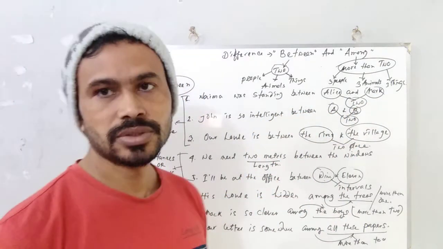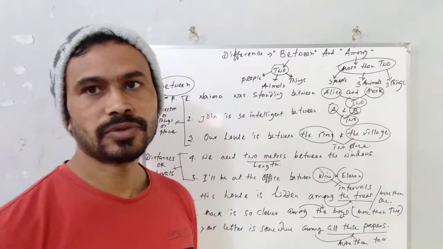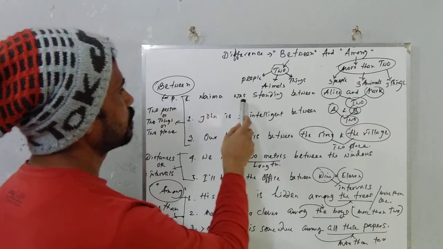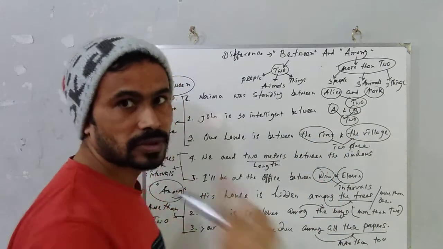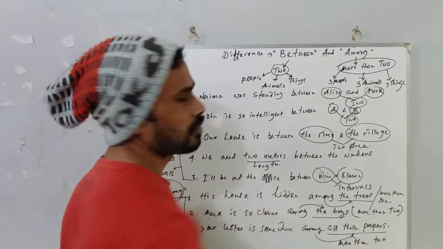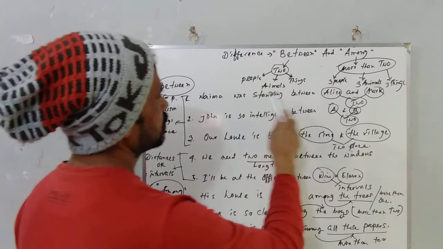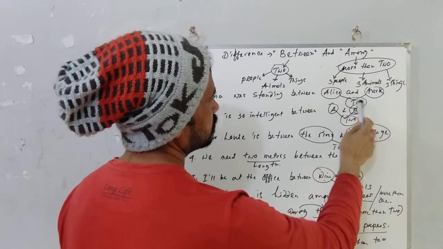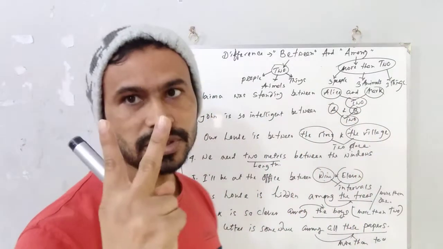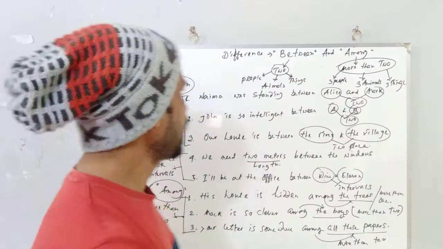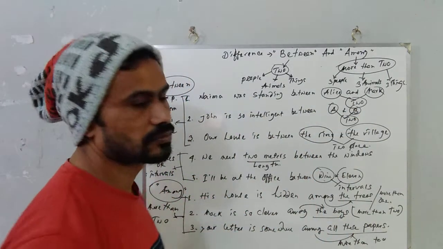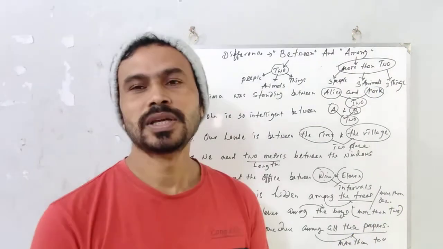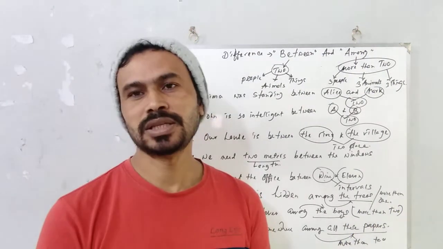I'll say this sentence again for your better understanding. Naima was standing between Alice and Maud. Alice is one person and Maud is also one, so between Alice and Maud, two persons. Between means two, and you got the idea.